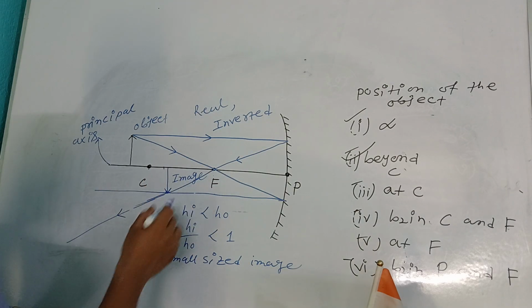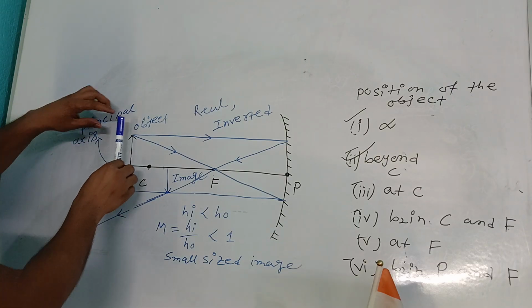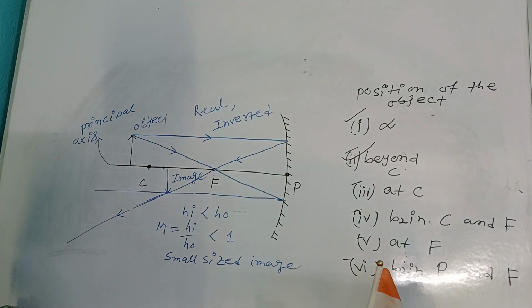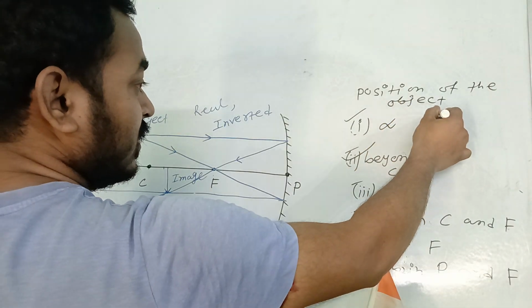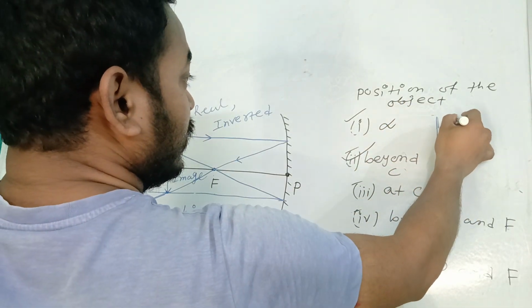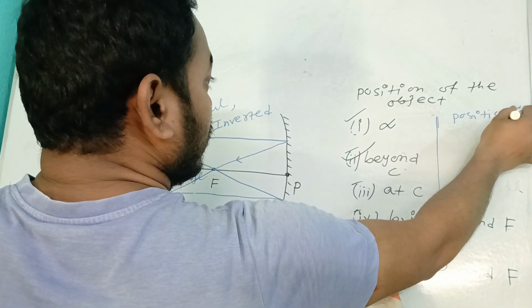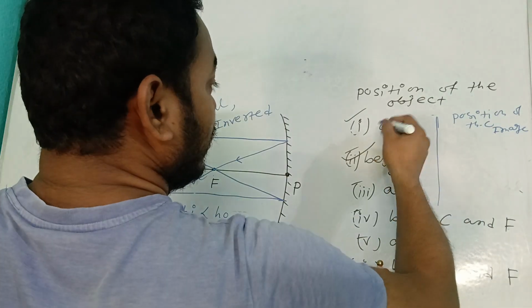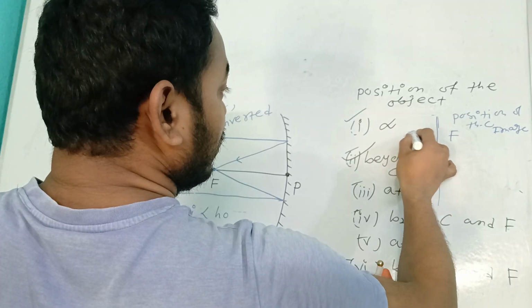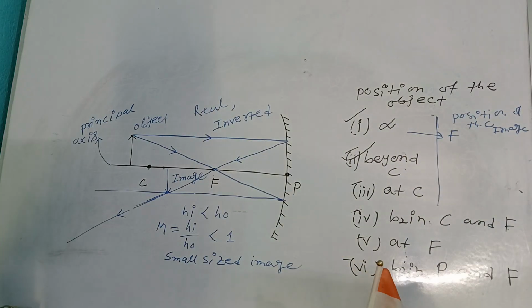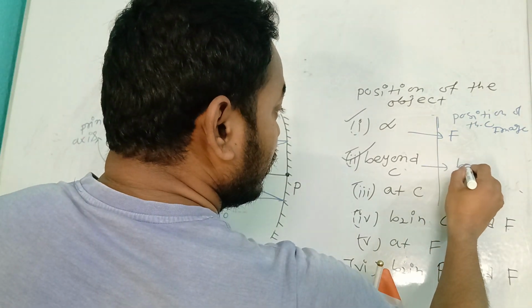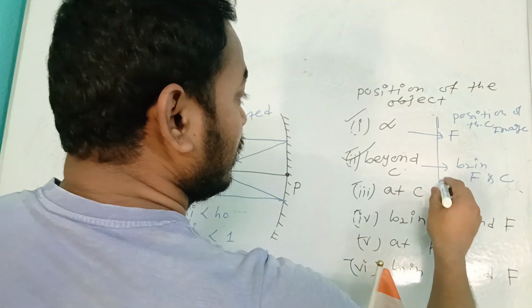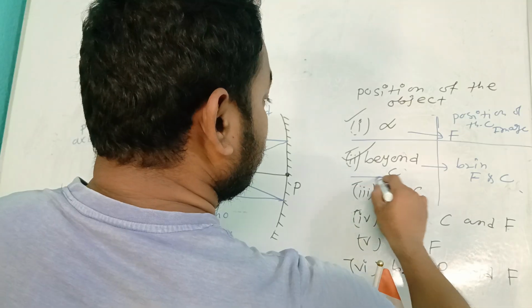Between C and F. So when the position of the object is beyond C, then the position of the image is between C and F. When the object is at infinity, then the image is at F. As beyond C, we are getting it between F and C.